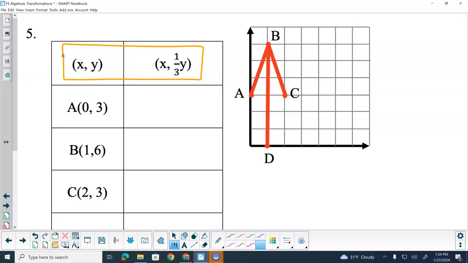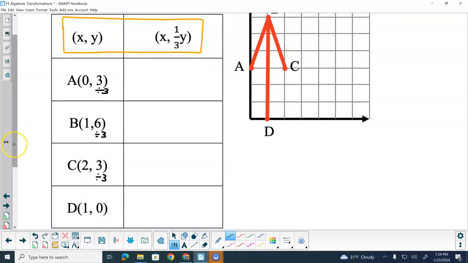Yep. Multiplying by 1/3 is the same as dividing by 3. Okay? So on all of these y values, instead of multiplying by 1/3, let's divide them all by 3.